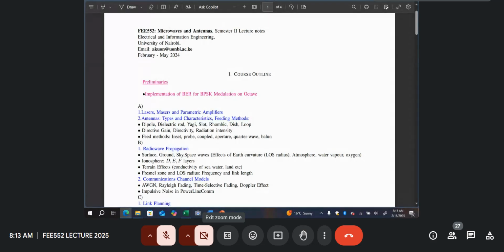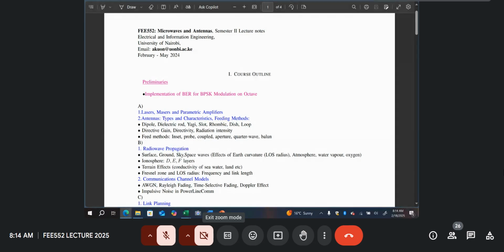So last semester was mainly the devices that enable microwaves. In this second semester, it is structured such that we are going to look at the path mainly of a transmission. Apart from just the initial devices like lasers, masers, and parametric amplifiers and antennas, the rest will be about propagation, the paths that the waves take, or what they are confined into as they propagate from one point to another.